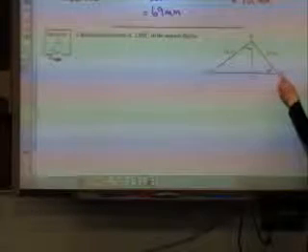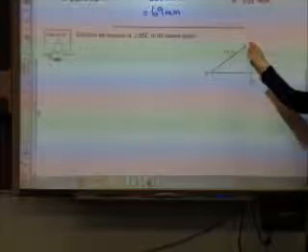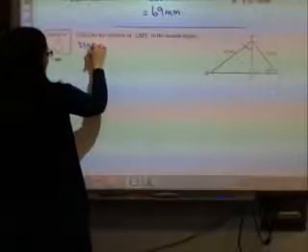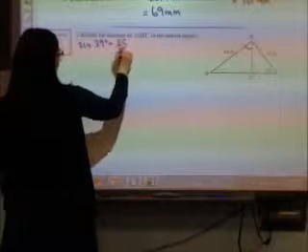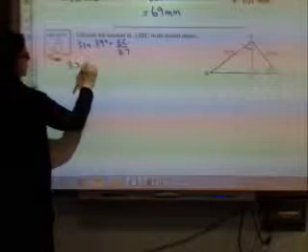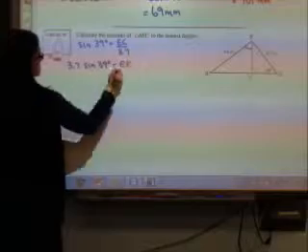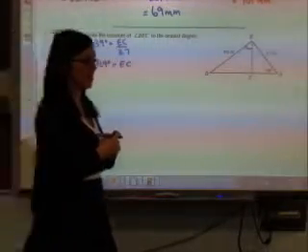So if I use triangle ACE, how do I solve for EC? What trig function? Okay. So sine of a 39-degree angle would be EC over 3.7. Then I can multiply. What is 3.7 times sine 39?